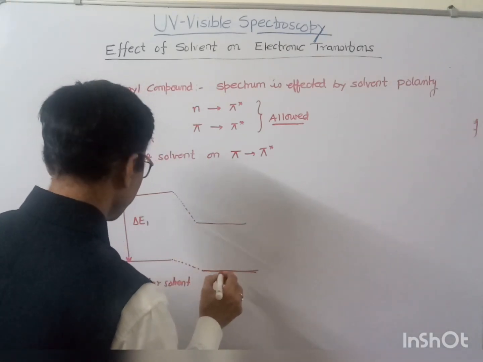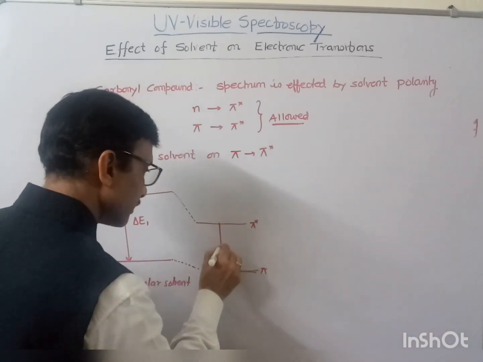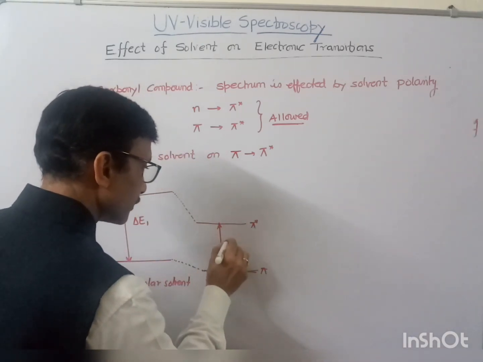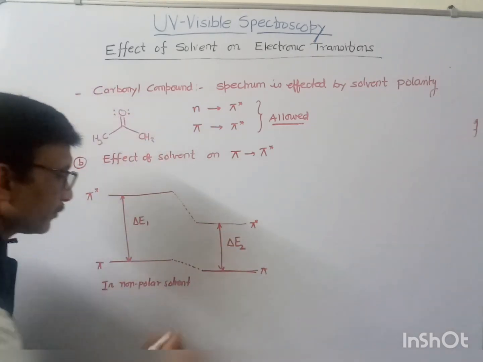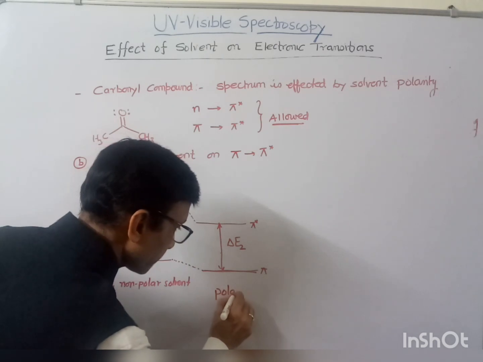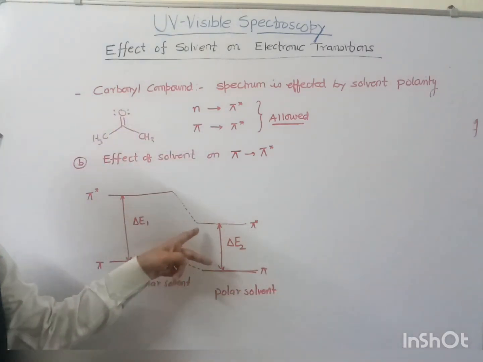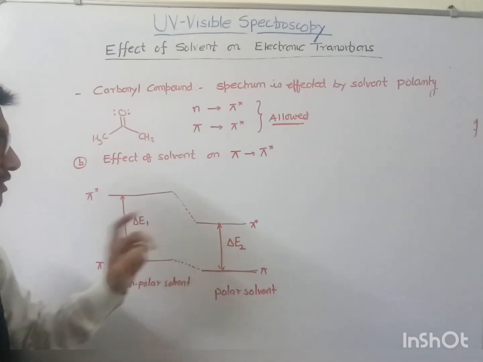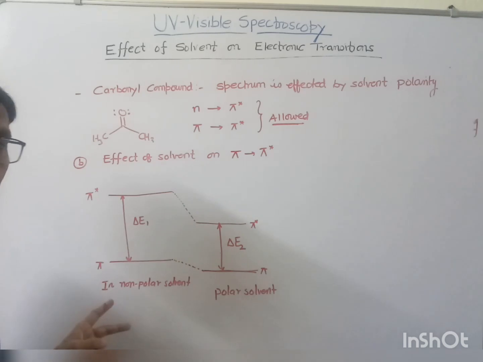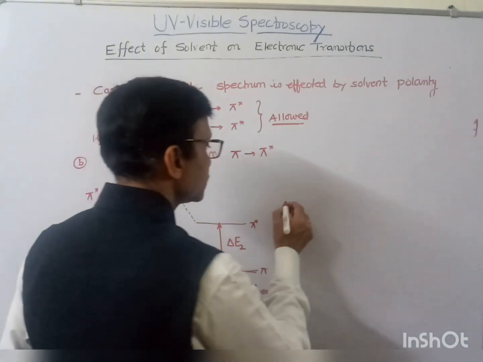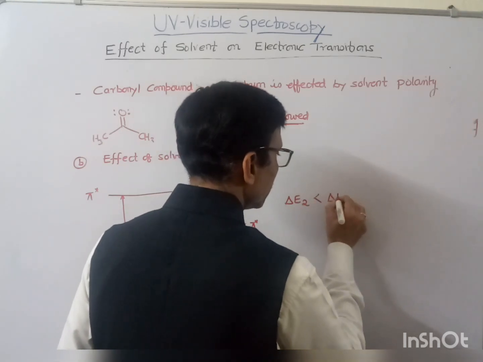Overall, the energy difference between the ground state and excited state in polar solvent is less than that in non-polar solvent. So here delta E2 is less than delta E1.